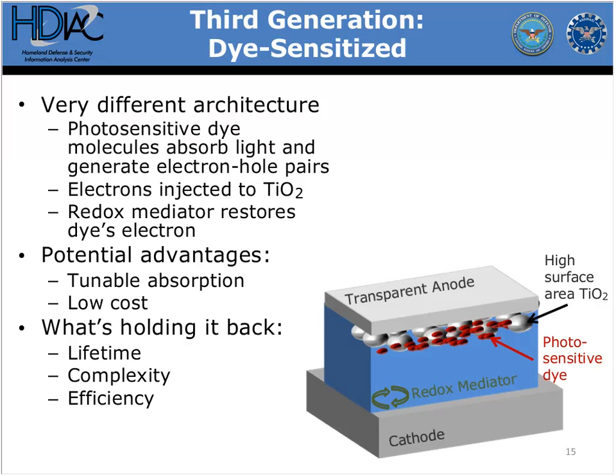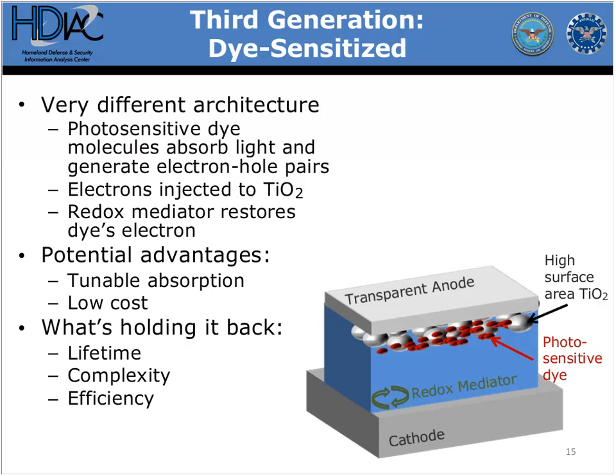And then the dye itself, which now has a positive charge because it lost its electron, is regenerated by this redox mediator, which in the case of this picture could be a liquid, actually. Example of that would be an iodide, triiodide mediator. And then the current would flow between the anode and the cathode, set up your circuit just like you would with a battery or a solar cell, a first or second generation.